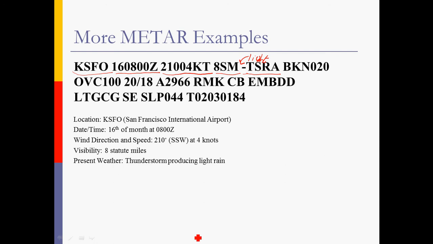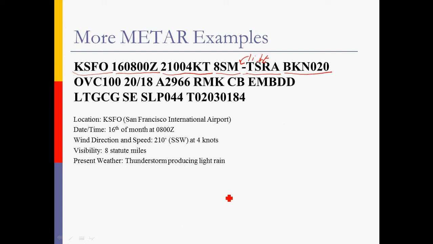Then the next piece of information is BKN 020. This is telling you about cloud height and cloud coverage. So the BKN stands for broken, and the 020 means 2000, or 2,000 feet.